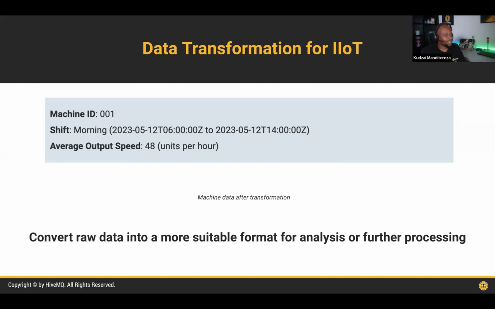This is the data transformation stage, and you've also got different shifts. Maybe you want to look at data after every shift. This is how you could represent information coming out of a machine in this format, so that it makes sense when you put it into the analytic systems according to how you want to take decisions.